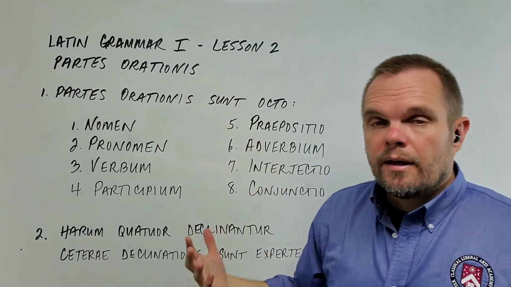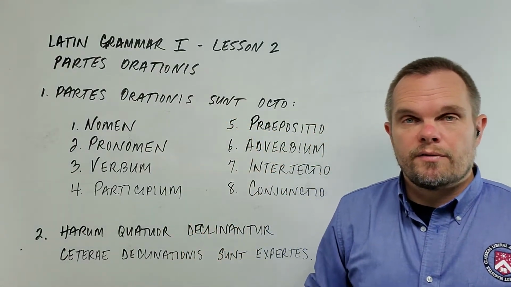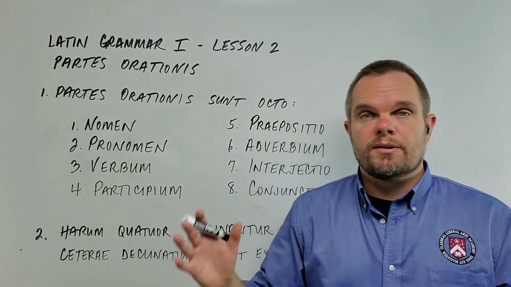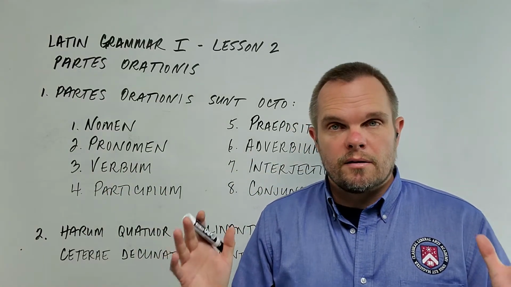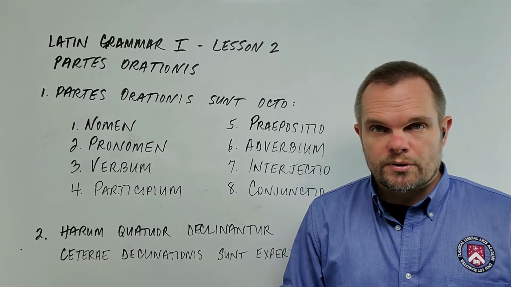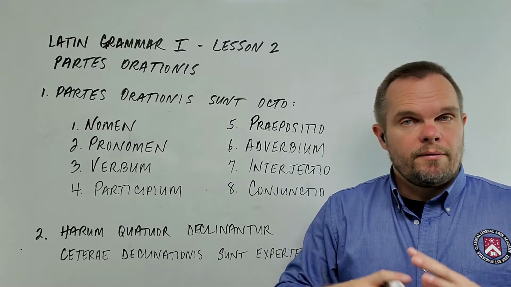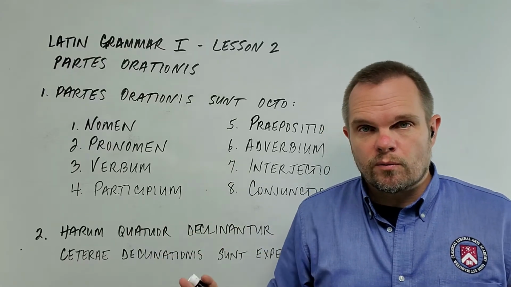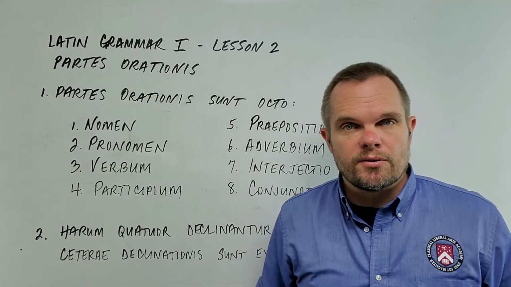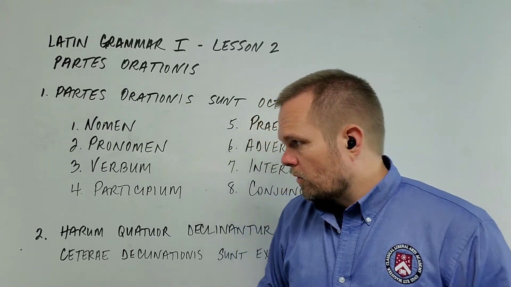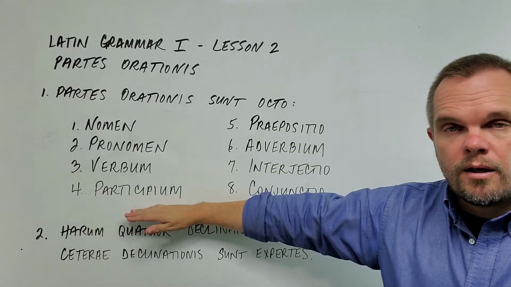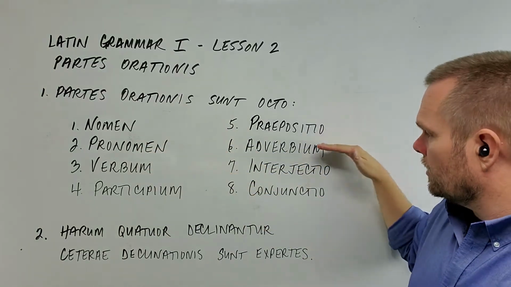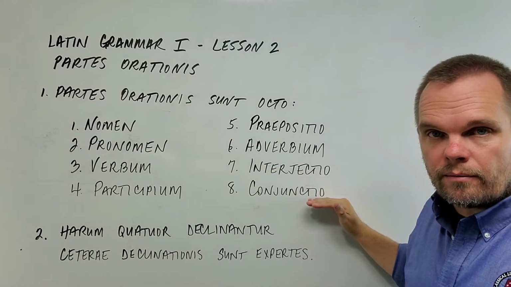What wise men have done is they've divided all of the words into just 8 different classes, or 8 different groups. So rather than having to study all of the words, thousands and thousands of words, which would take us years and years and years, we can simply learn about the 8 different kinds of words that there are.